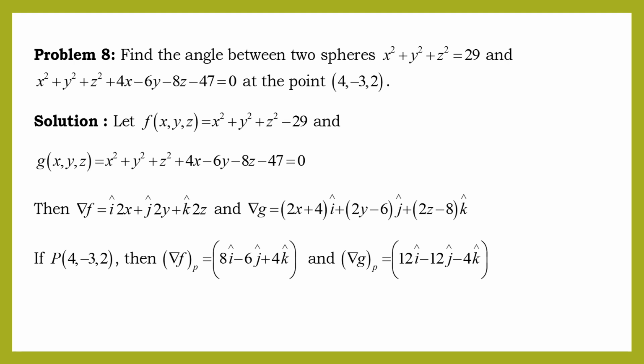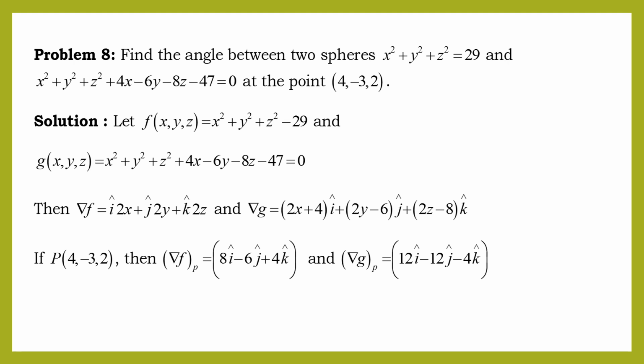Let us suppose that f(x, y, z) equals x square plus y square plus z square minus 29. It is our first surface. The next surface is g(x, y, z) equals x square plus y square plus z square plus 4x minus 6y minus 8z minus 47.